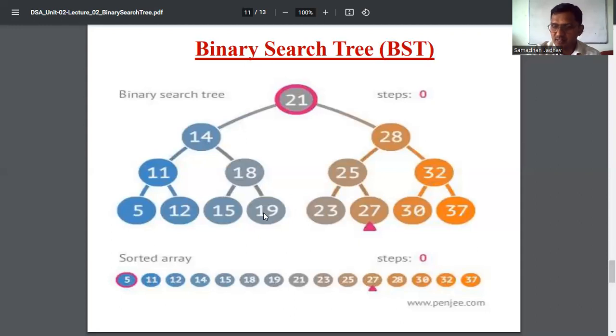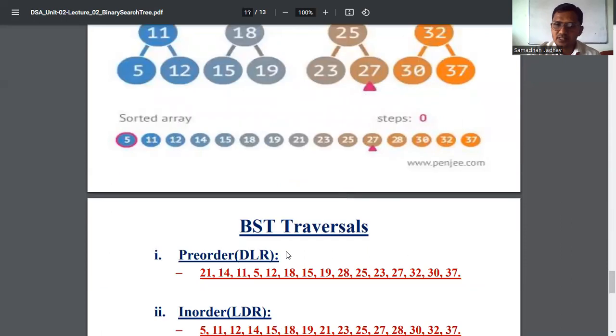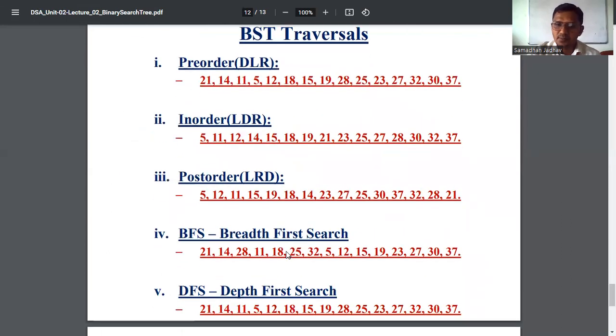So in a binary search tree, if the node to be searched is at level L, the number of comparisons required to search that node is L plus 1. So this is how a binary search tree is search efficient. It simplifies the searching operation and reduces the number of comparisons, right? And these are the traversals of the binary search tree given above.